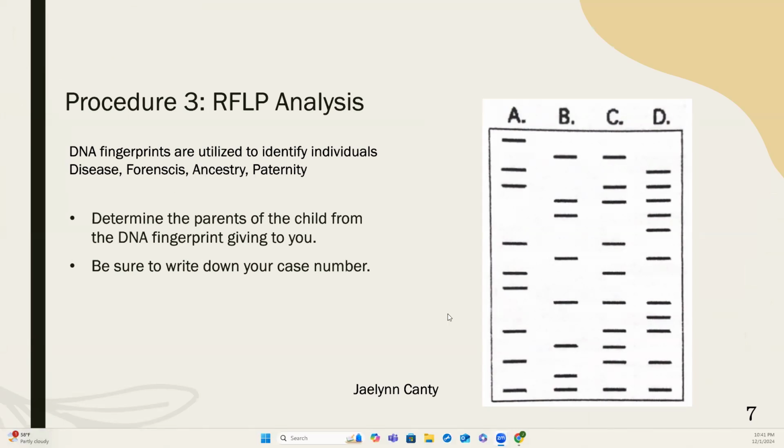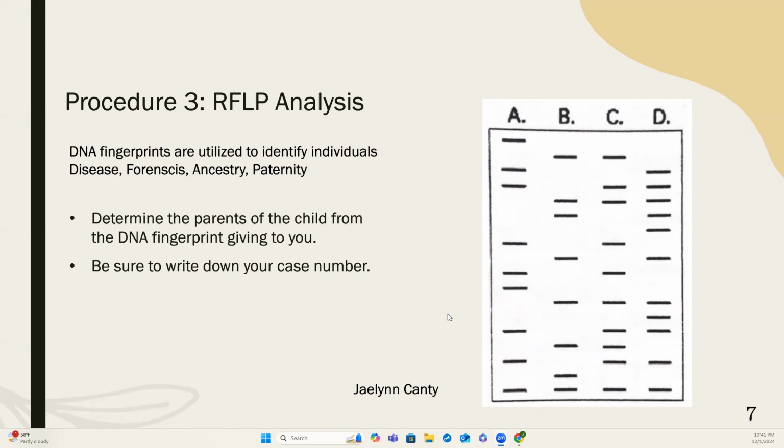DNA fingerprint can be found using restriction fragment length polymorphism, or RFLP for short. RFLP is a process of a unique pattern of DNA fragments created from when an enzyme is used to cut a DNA.